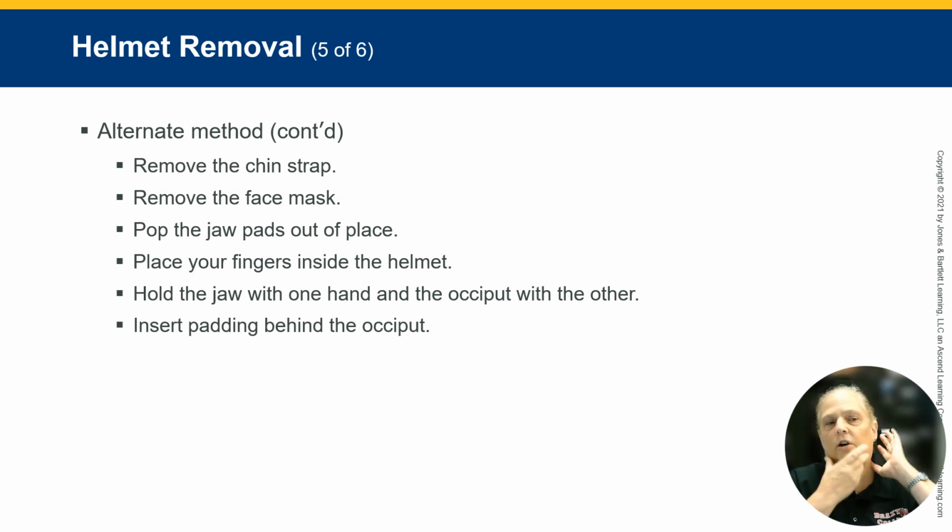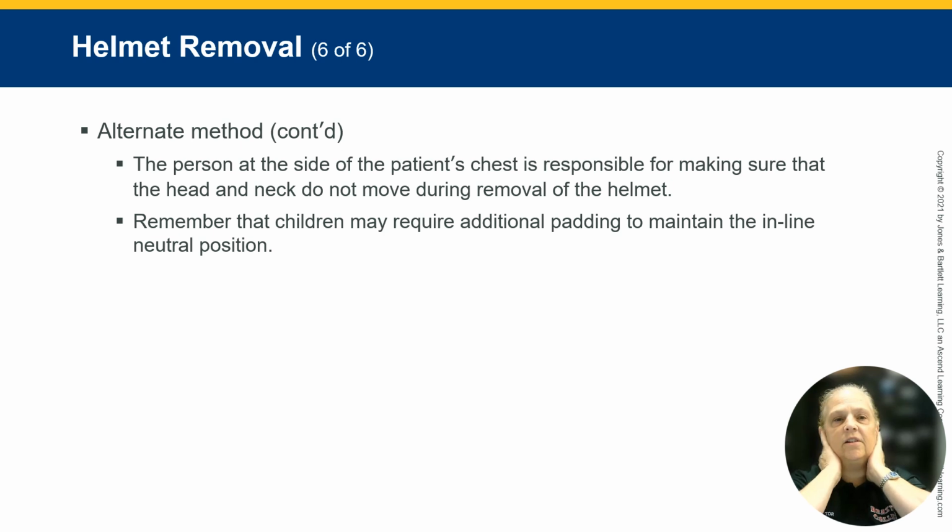You're going to hold the jaw in one hand and the occiput in the other, so you're holding in the front and in the back. You're putting the padding behind the occiput, back of the skull, and you're going to try and slide it up. The person at the chest is going to be holding the head and neck so that they do not move.